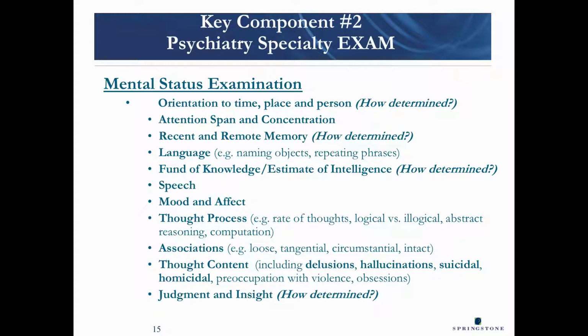I was taught, and I think many of you were probably taught, that associations is part of thought process. But under this exam, it's a separate bullet. And then finally, if you look at thought content, you'll see that it contains essentially the meat of the psychiatric evaluation. Delusions, hallucinations, suicidal, homicidal. But it only counts as one bullet.